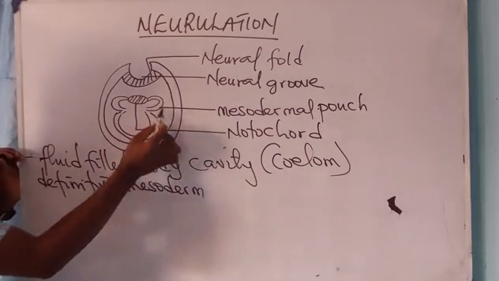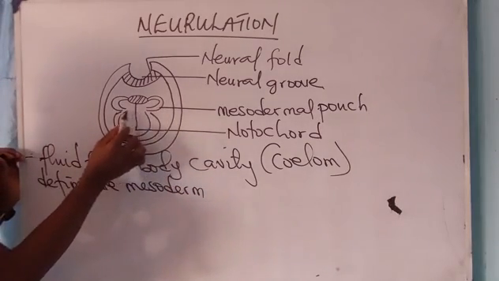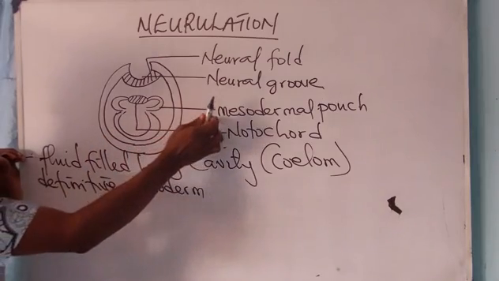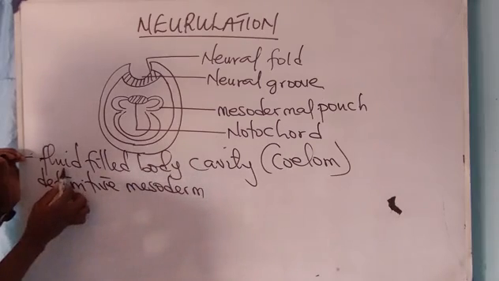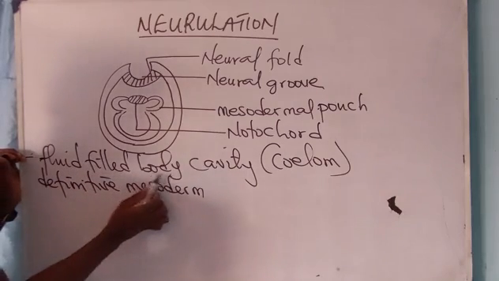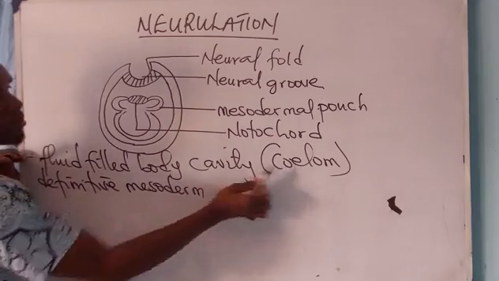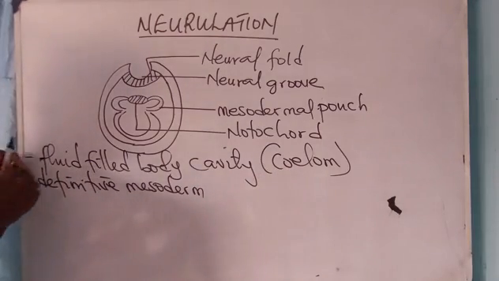And this definitive mesoderm has a cavity. The cavity of this pouch formed is called the body cavity, that is the fluid-filled body cavity called the coelom. Good.